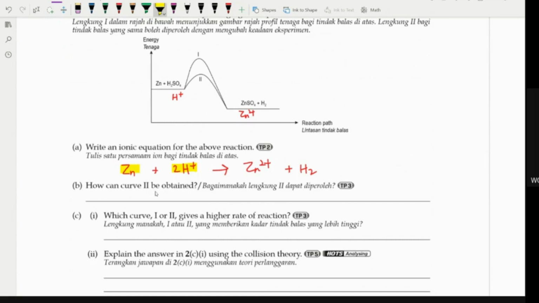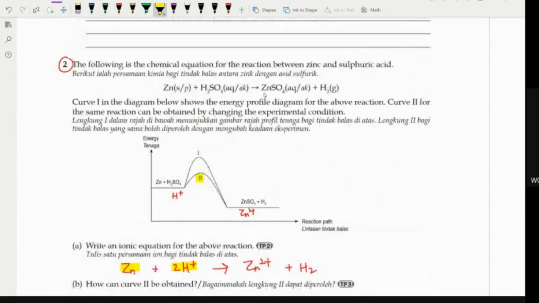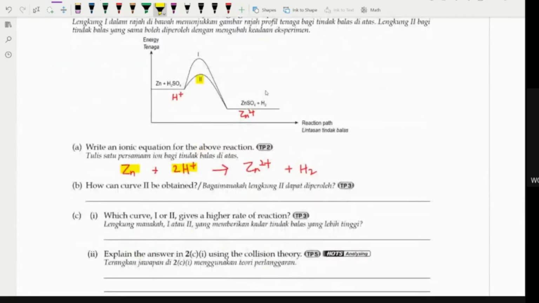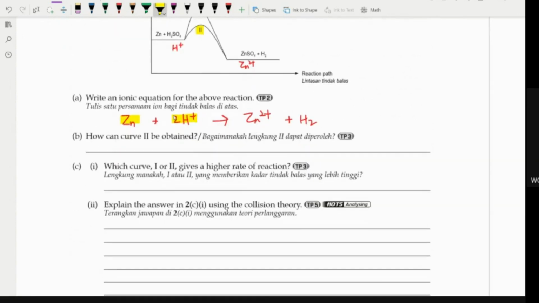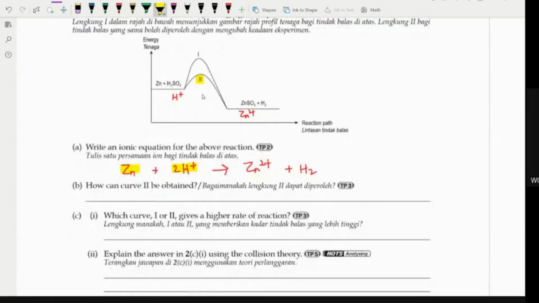So how can curve 2 be obtained? Curve 2 has a lower activation energy. What do you think, class?